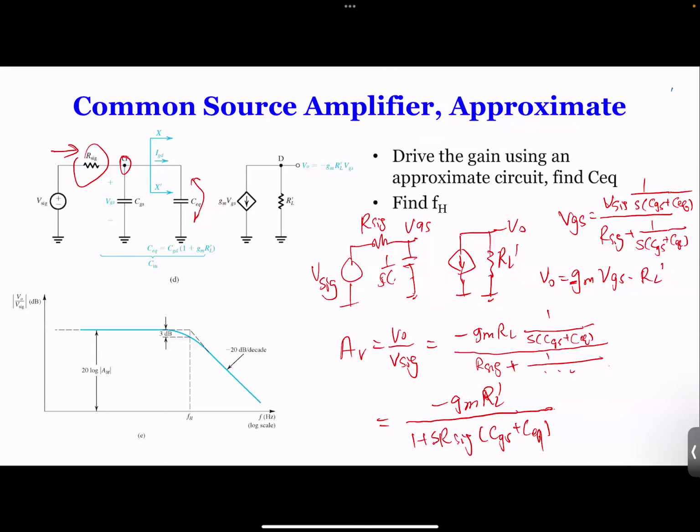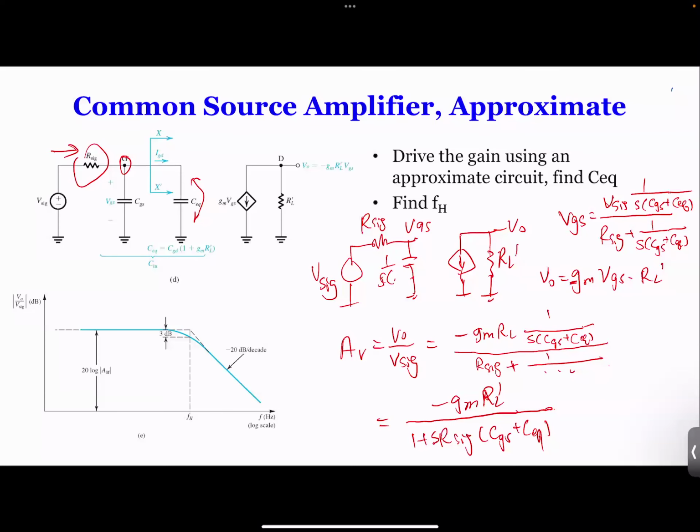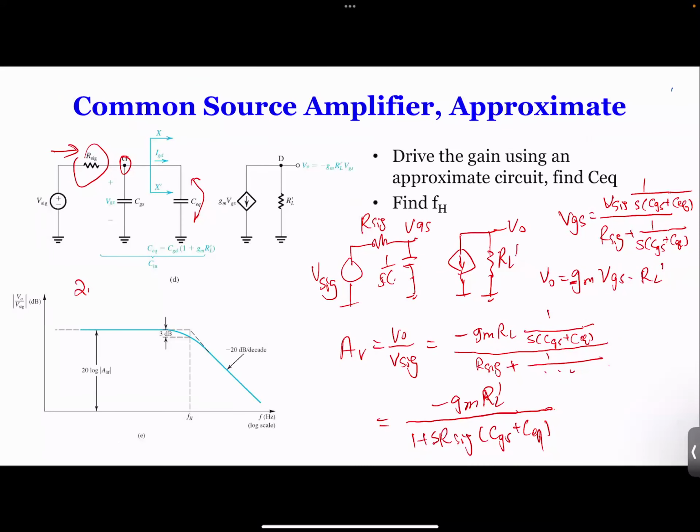So now I need to derive this, okay? So if you look at this, what it really means is that we're taking 20 log AV.